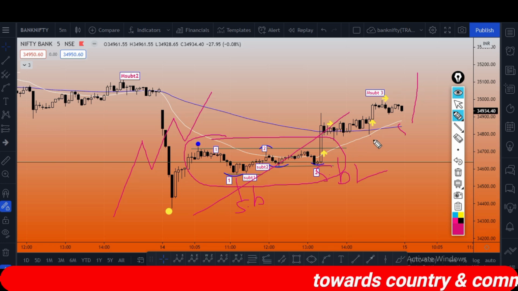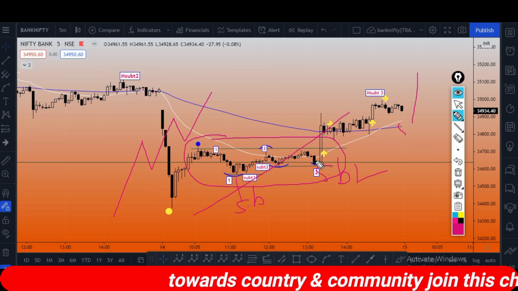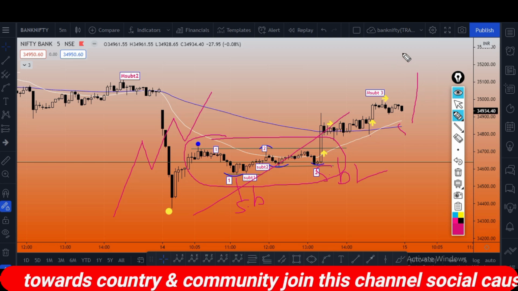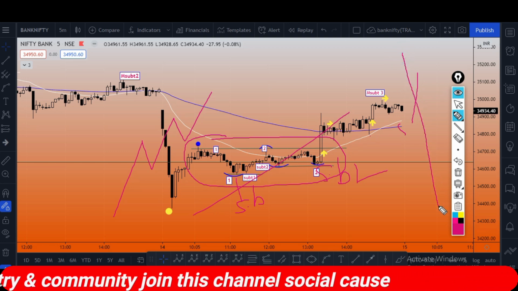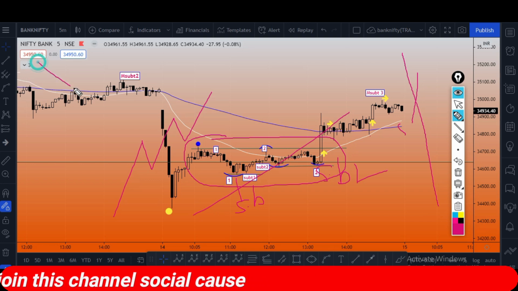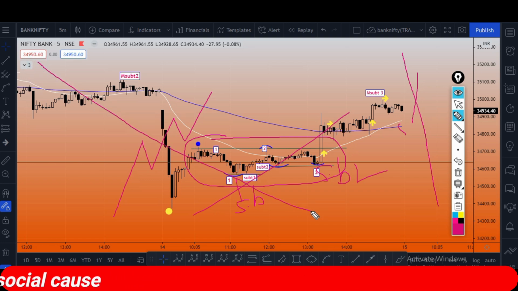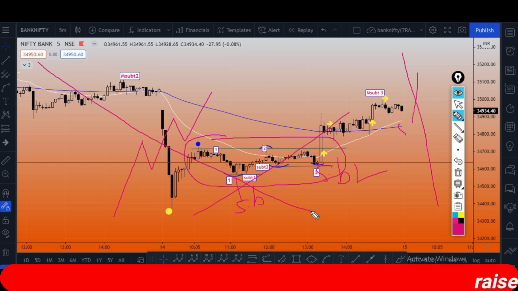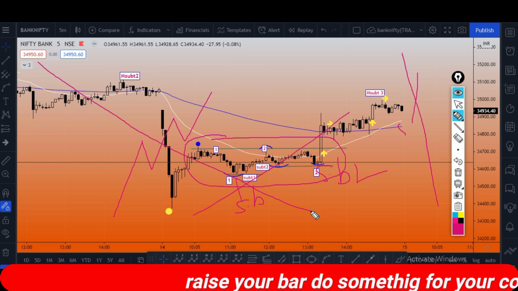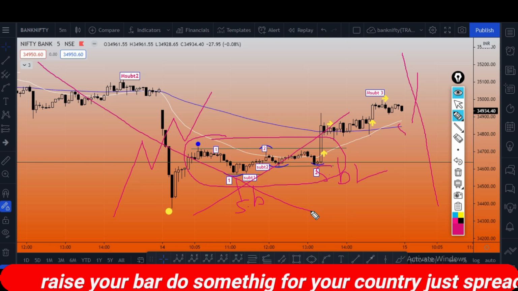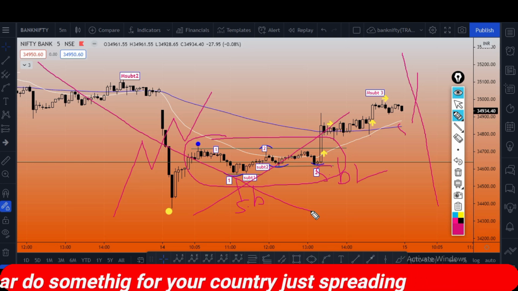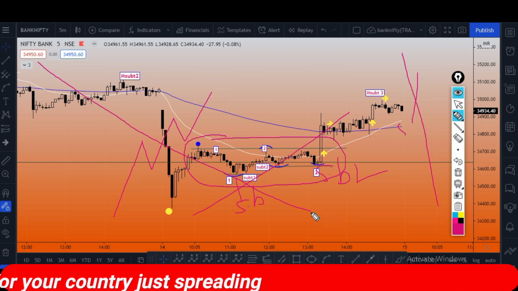But at that time you would know that this is the marking of counter trend. After counter trend, the downtrend will start because this time the trend is downside. So this is quite simple, but it needs practice. You have to sync your mind with these techniques, then it will be simple.